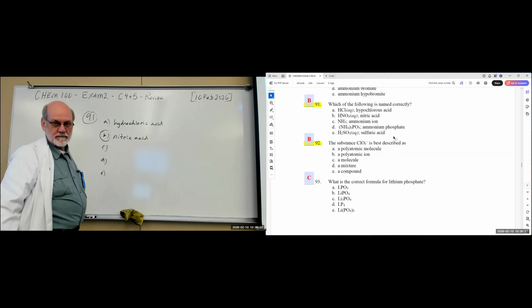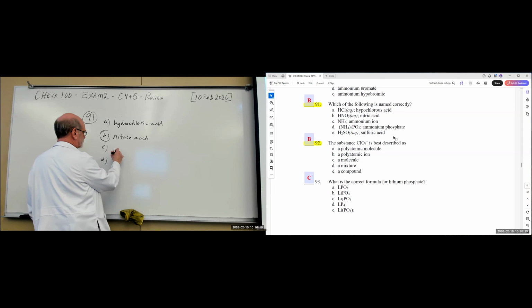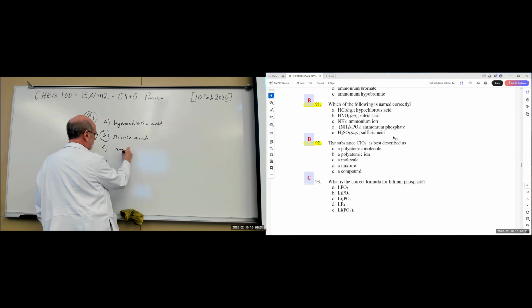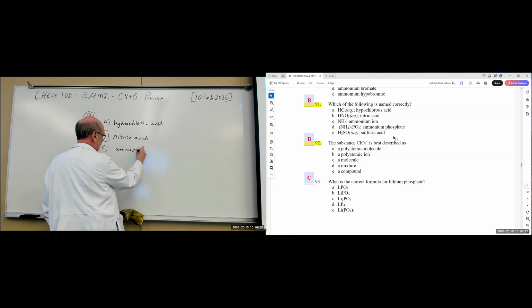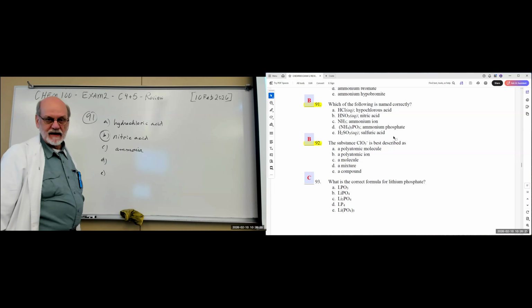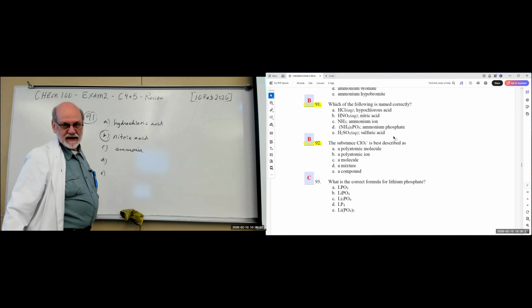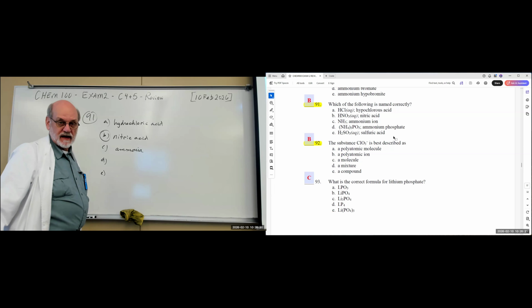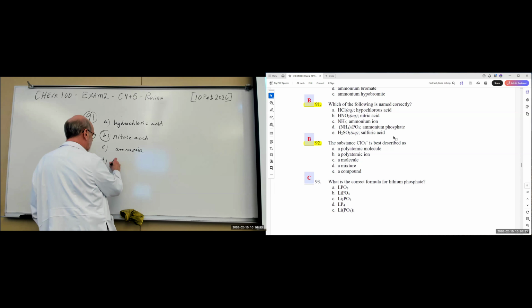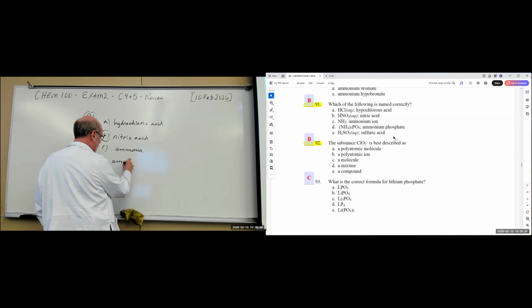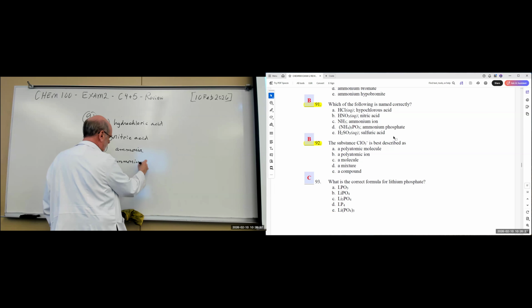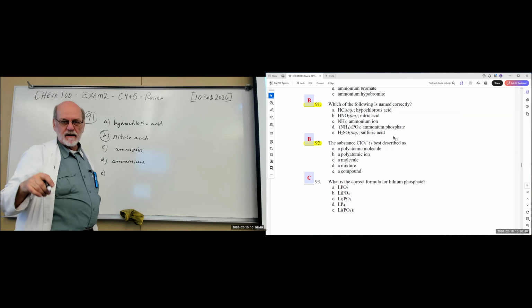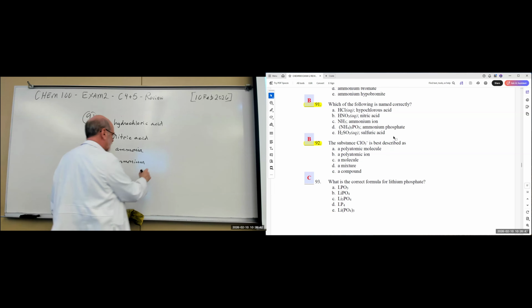Let's go ahead and look at the others. NH3, right? That's ammonia. NH4 sub 3 PO3. This is ammonium, PO3 is phosphite.